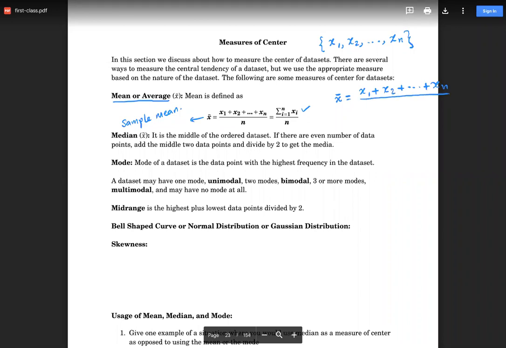How many data points? There are n of them because we are using the subscript 1, 2, 3, and up to n, so we divide it by n. The compact way of writing it is summation i equals 1 to n of x sub i, all of it divided by n, and that's what we have here.